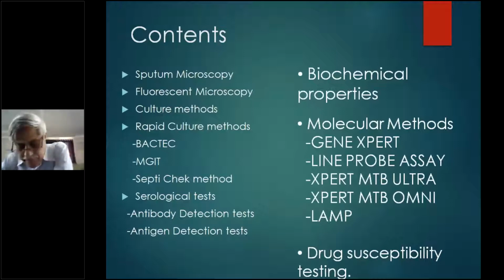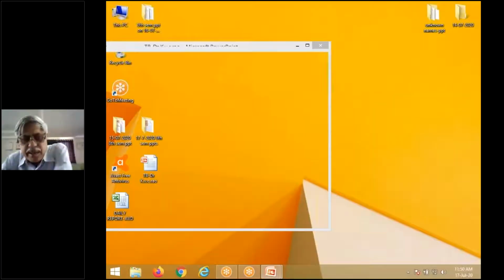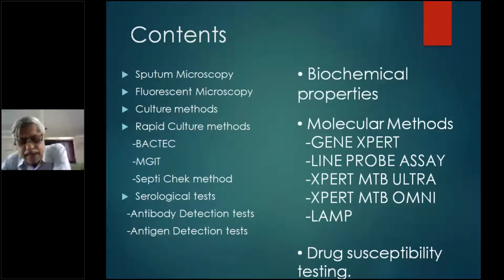That is the latest technique: cartridge-based nucleic acid amplification test. The CBNAAT result you will get within 2 hours, and it also tells whether the patient is rifampicin resistant or sensitive. So it is a very sensitive test that can be used for both pulmonary and extrapulmonary cases.